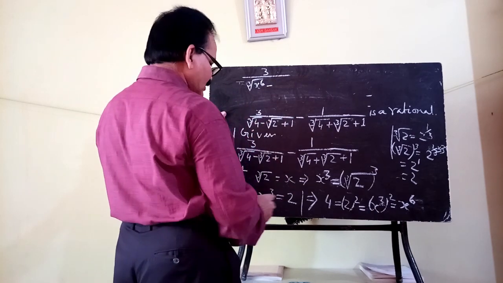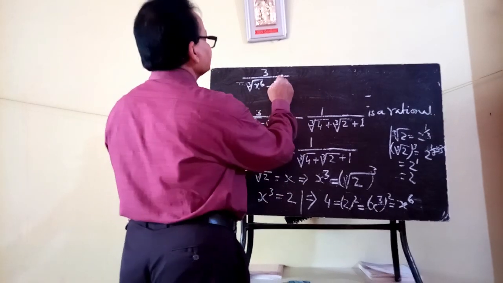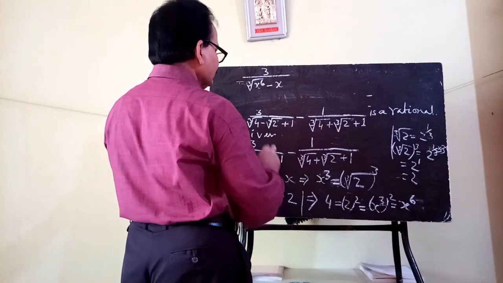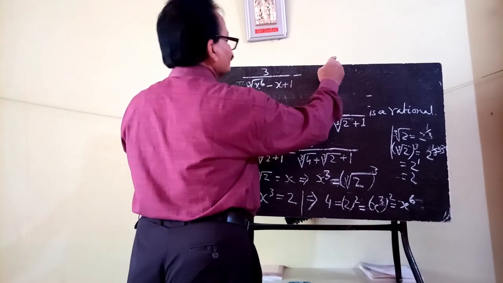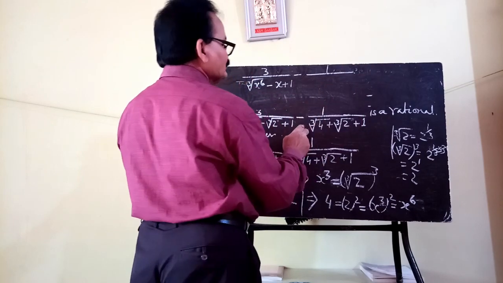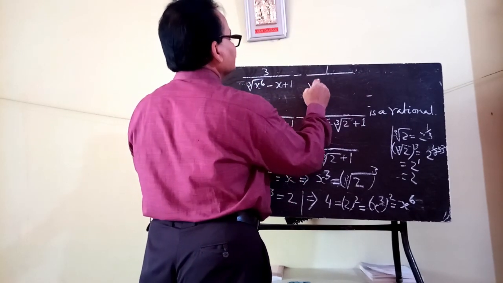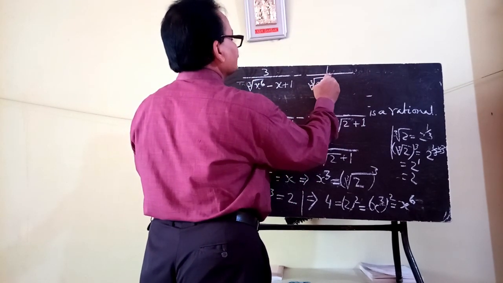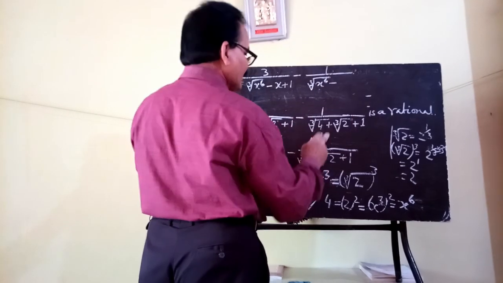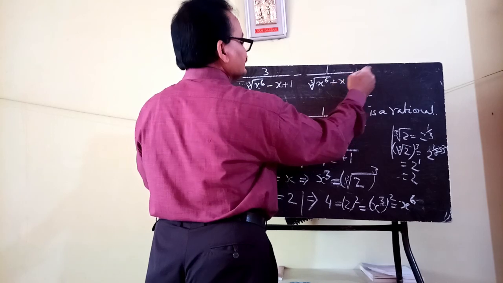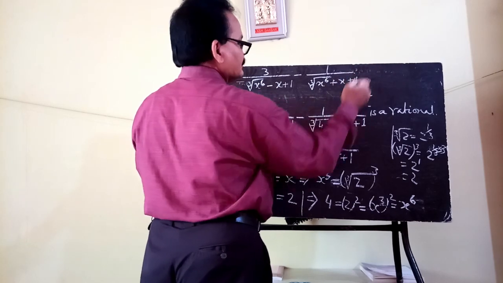Cube root of 2 you have taken as x, and then plus 1. Again minus 1 by, here also cube root of 4 means cube root of x to the power 6, plus x plus 1.